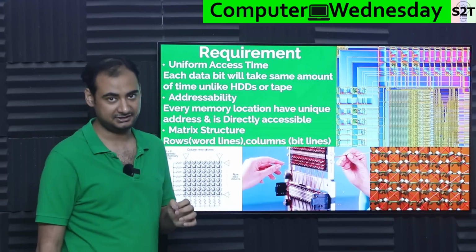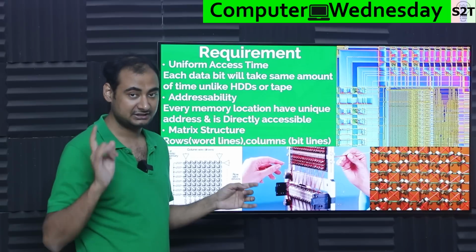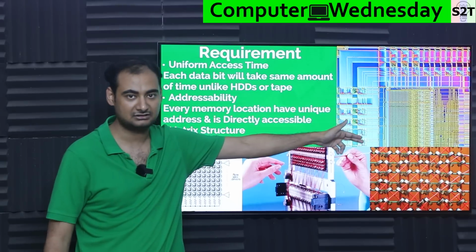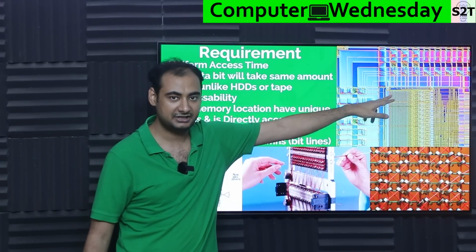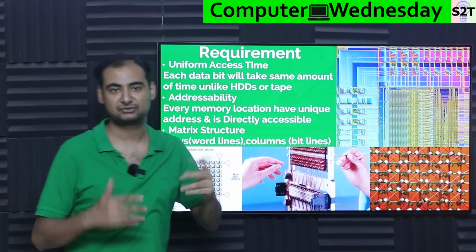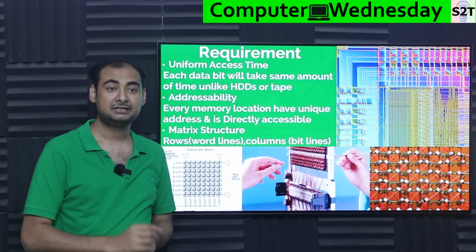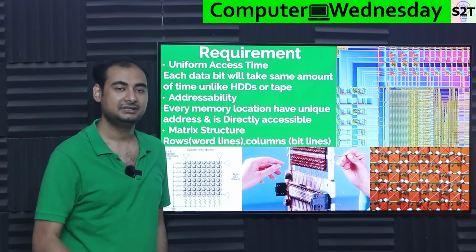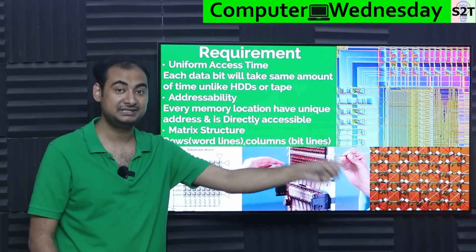Another aspect, addressability. Not only does the time have to be synced, it should not give a damn where you're reading data from. Like this is a modern silicon cut-down of it. It should not give a damn whether the data is being read from here or here. Addressability means CPU should have the ability to call this exact bit or byte if it needs to. It's like, bro, give me this one.